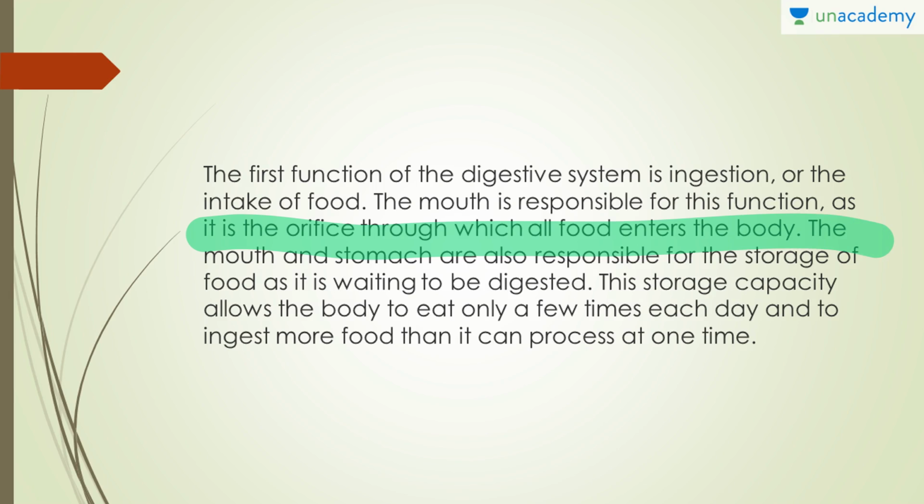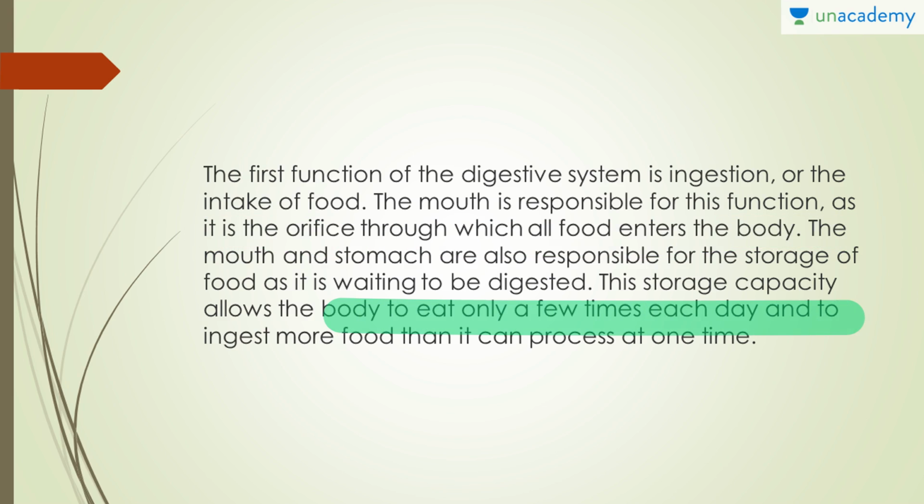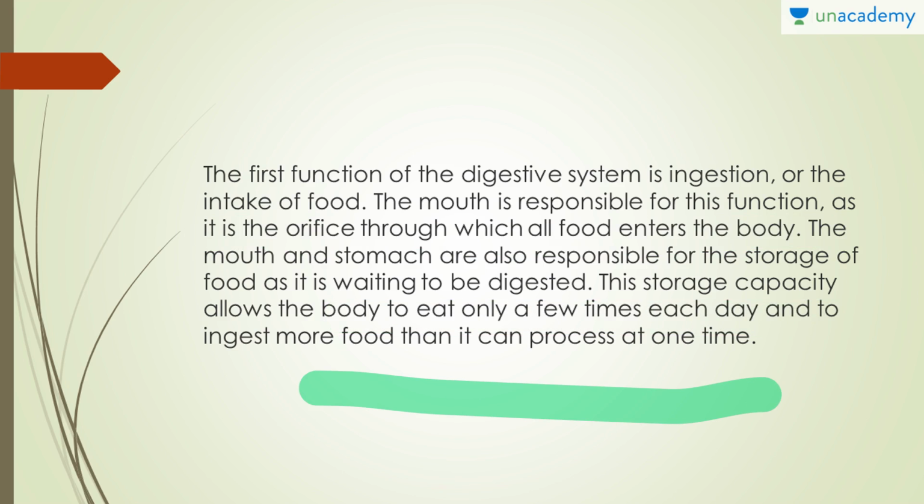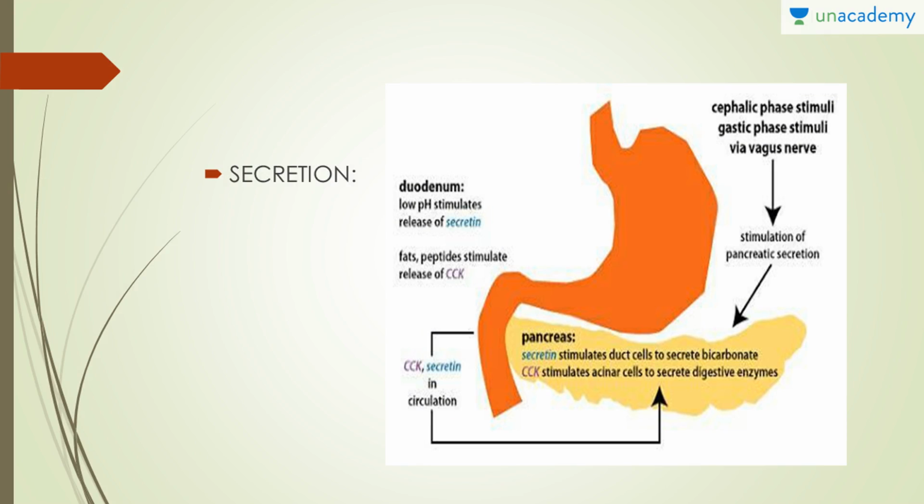The mouth and the stomach are also responsible for the storage of food while it is waiting to be digested. This storage capacity allows the body to eat only a few times each day and to ingest more food than it can process at one time. That is simply the intake of food via the mouth, and this process is known as ingestion for the purpose of digestion.